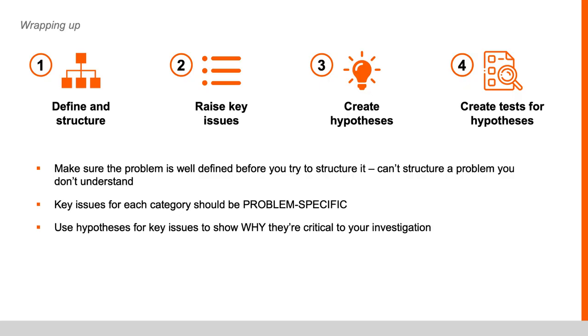Third thing, use hypotheses for key issues to show why they're critical to your investigation. Hypotheses not only help you show the interviewer specifically what's on your mind regarding that issue, but also will help making the broader question of your issue specific enough so it can be tested.